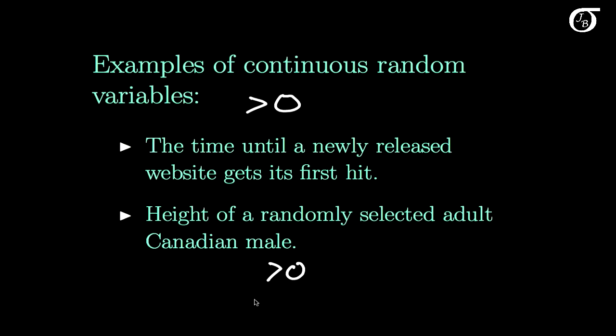So let's just say some value greater than 0, even though in practical cases, there's some more practical range of values. In either one of these cases, there aren't discrete jumps. It's not like a person is 174 centimeters tall and then the next possibility is 175 centimeters tall. Anything in there, there's an infinity of values between those two possibilities. So these are continuous random variables.